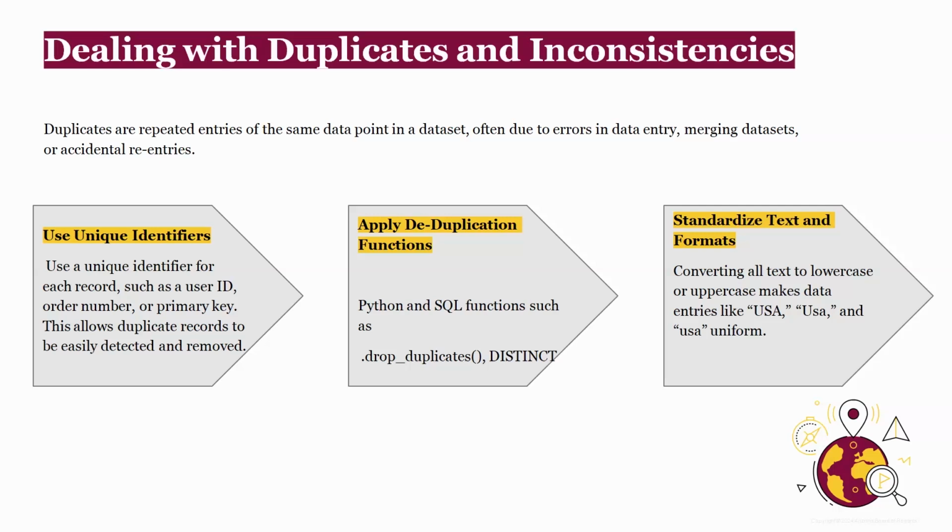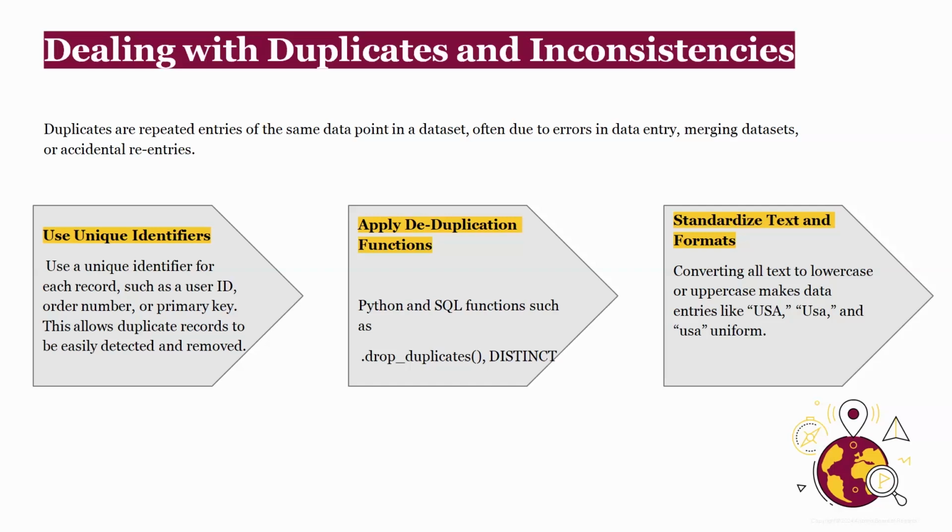By setting some distinctions over these, we can make sure that it is unique and different and you don't submit the record twice. The next one is using deduplication functions. Whenever you receive data, you can apply some of these Python methods and SQL methods so that the duplicate data is gone.